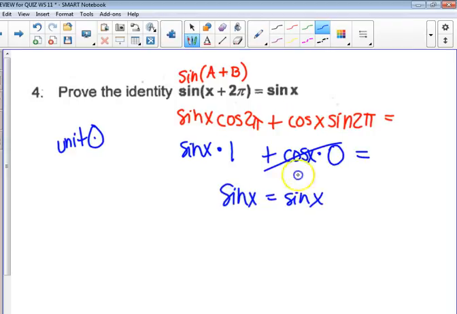Make sure you show stuff, though. I mean, this isn't much to show, right? It's a verify or proof, so you need to not just cross all this out and go, yeah, it's sine. Kind of show that this was 0, so I can follow clearly what you did. Does that make sense? All right. Not a hard proof at all.